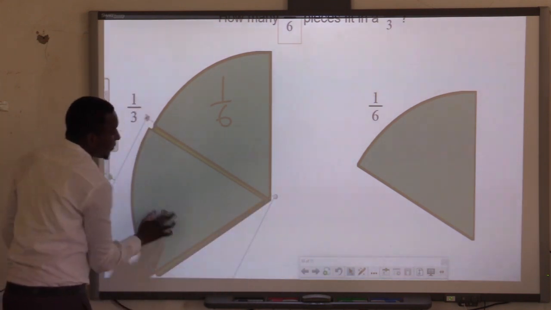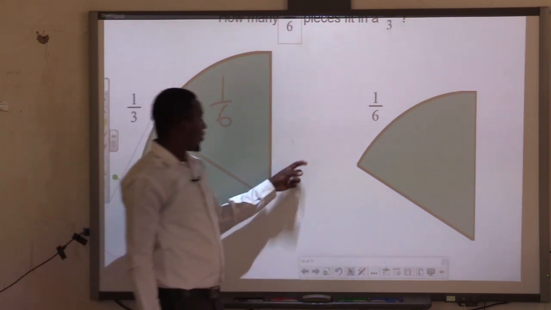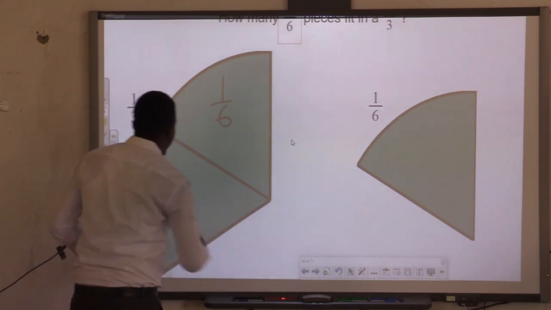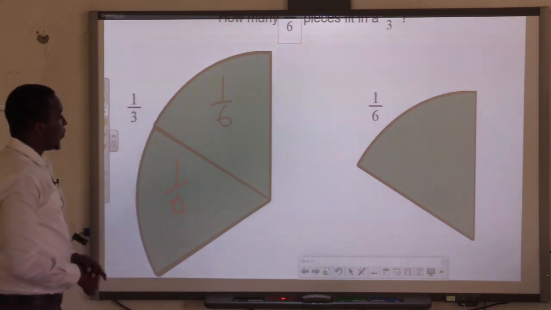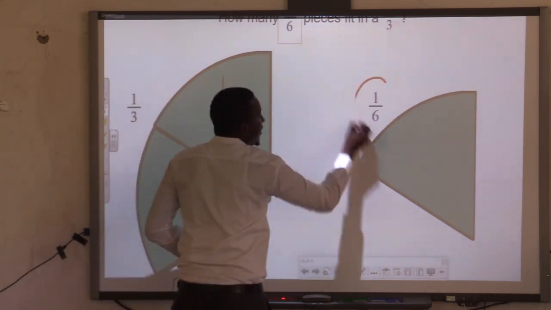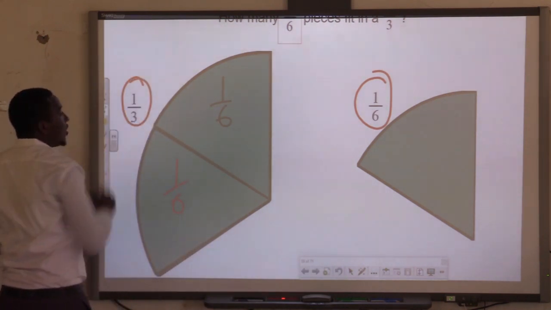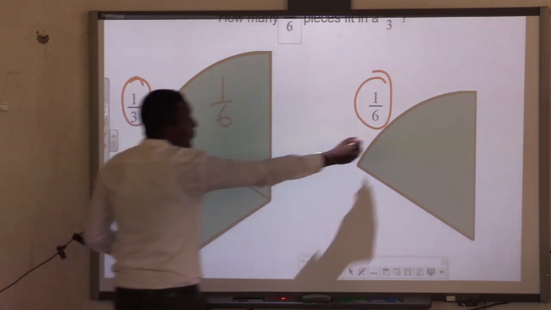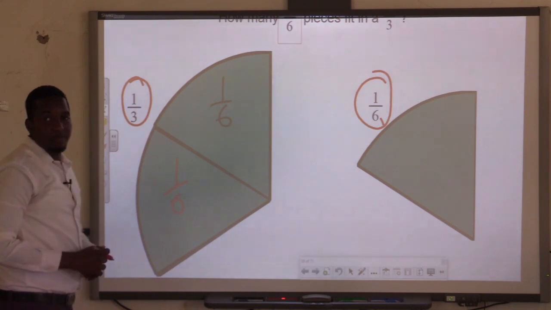So you will see that we have another piece of 1/6 that fits in the 1/3. So what do we realize? We realize that 2 pieces of the 1/6 piece fit in the 1/3 piece.